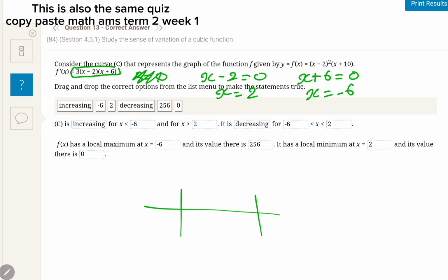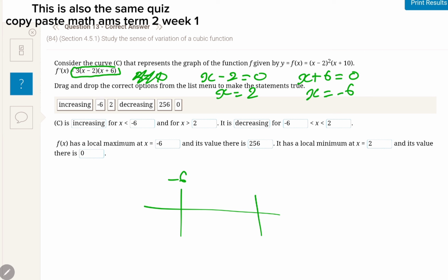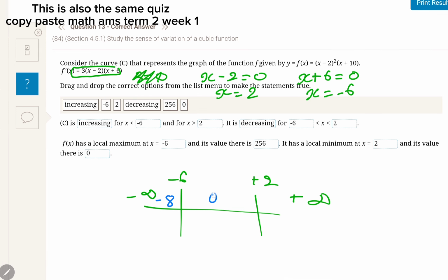So my two roots are 2 and minus 6. Minus 6 goes here because it's closer to the minus infinity. And then plus 2 goes here because it's closer to the plus infinity. Now, I need to apply the table of variation rule. I'll choose a number smaller than minus 6, for example minus 8, a number in between minus 6 and 2, for example 0, a number greater than 2, for example 5, and I substitute it in the derivative.